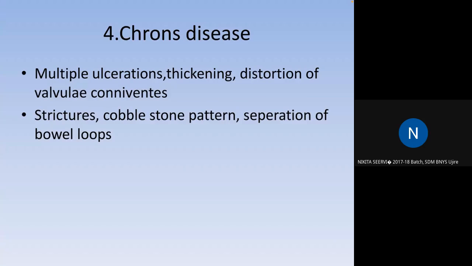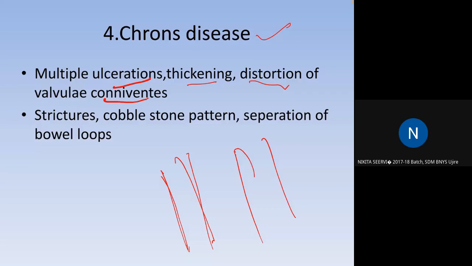Next, we have Crohn's disease, in which you can see again multiple ulcerations, distortion of the valvulae conniventes, and thickening of the mucosa. And there is a cobblestone pattern appearance. That is, you have one like this, then one like this. This appearance is seen between the bowel loops.